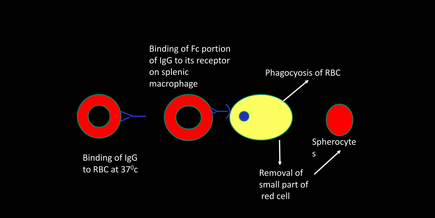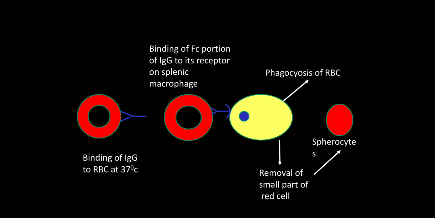It is taken to the spleen. You know that RBCs usually pass through the spleen, and after their lifespan, they get destroyed in the spleen. There, the splenic macrophages have the receptor for IgG.